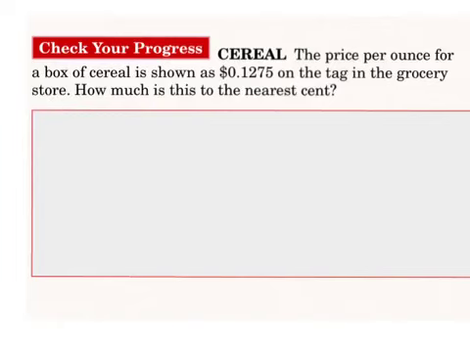Okay, so we're looking at cents. Again, we're rounding to the nearest cent. Remember century, we talked about this. So cent equals 100, so we're going to be looking at the hundredths place.